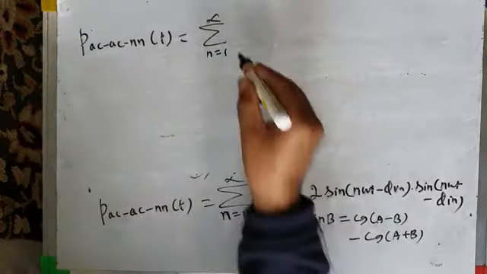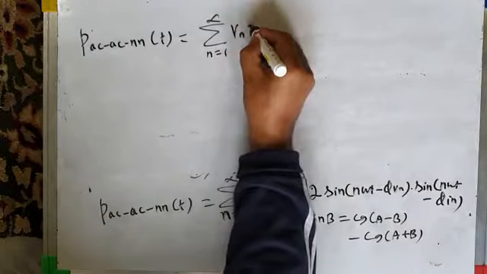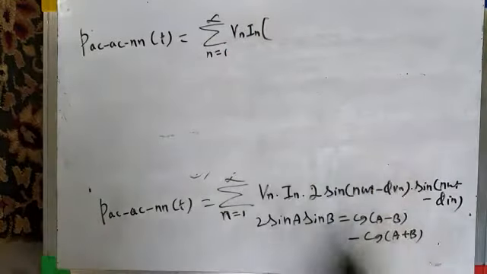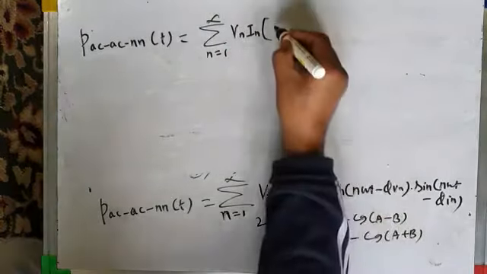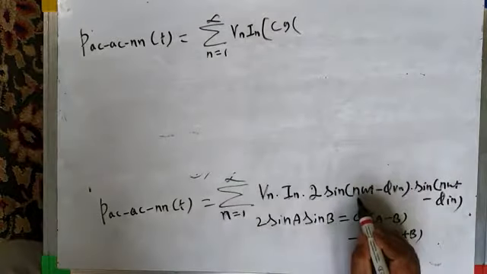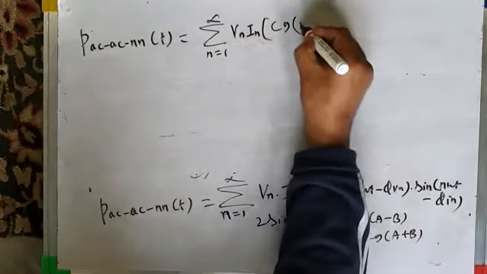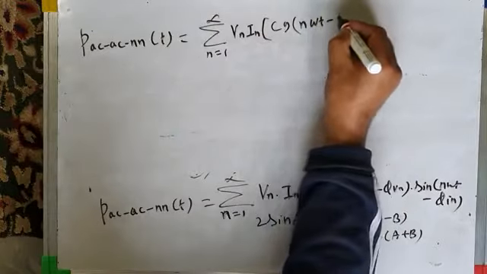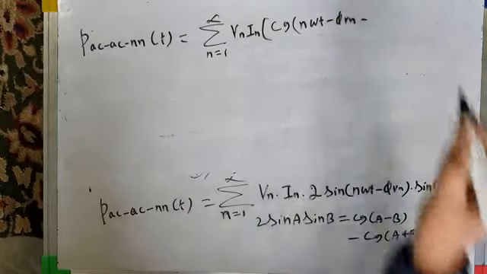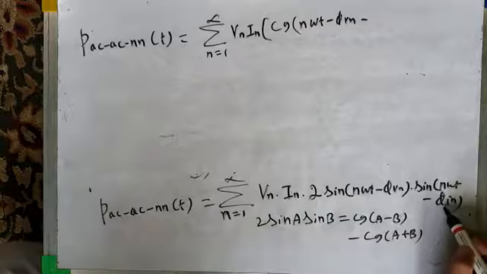So first of all, I will write Vn into, now this is cos of A minus B. Cos of, what is A? A is n omega t minus phi Vn, minus B. B is n omega t minus phi In.